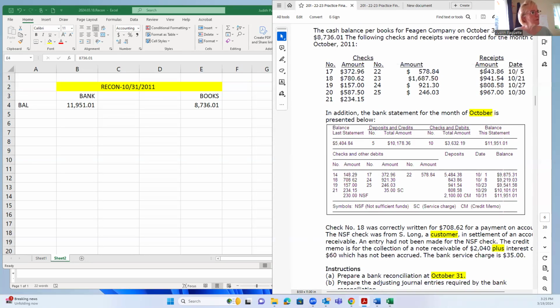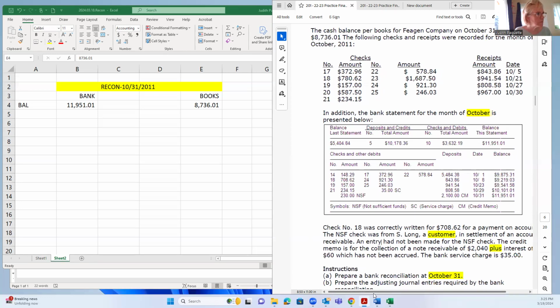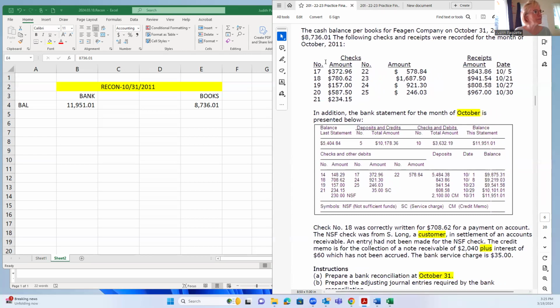Were recorded for the month of October. So the T account, which is currently balanced at 8,736.01, includes all of these transactions up here.